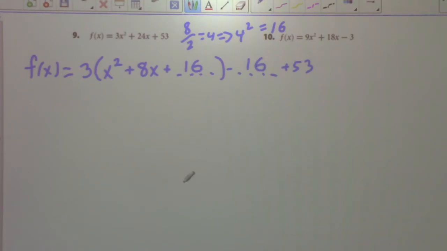Is that right? I want you to look at that and think a little more deeply. What is this going to be instead of 16?